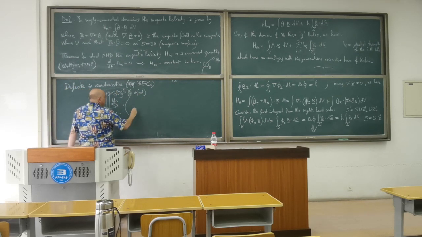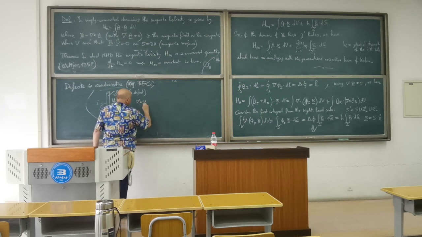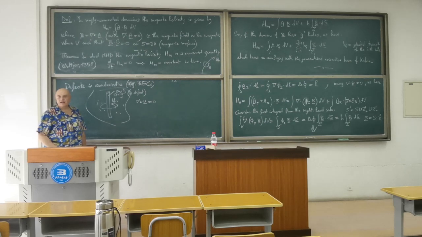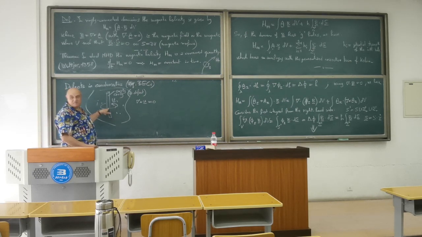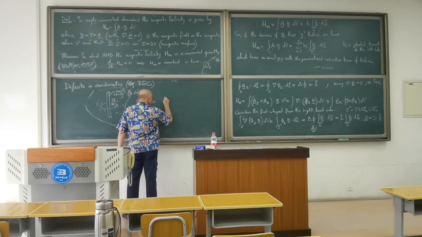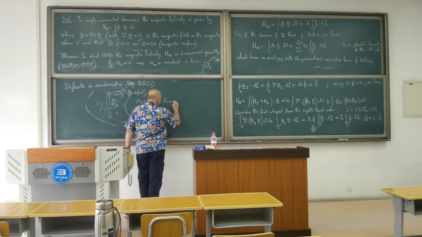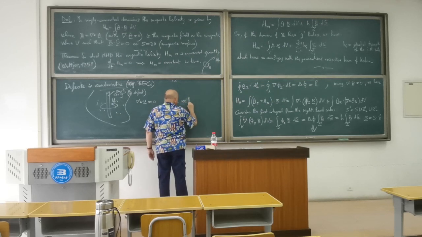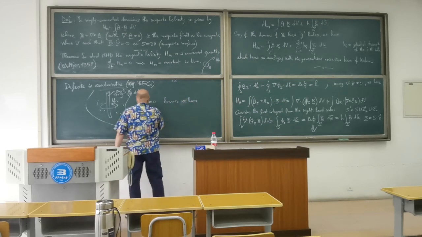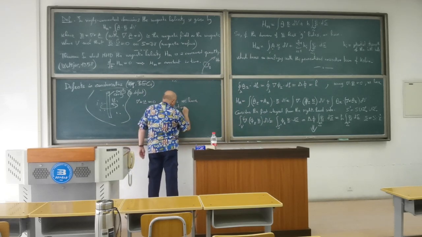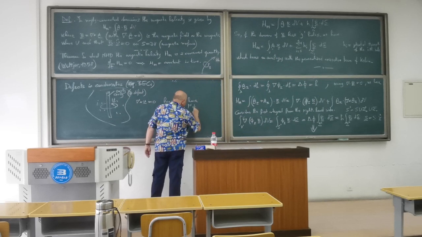And so the curl of u is exactly 0. There is no vorticity. However, we have circulation, say gamma, different from 0.